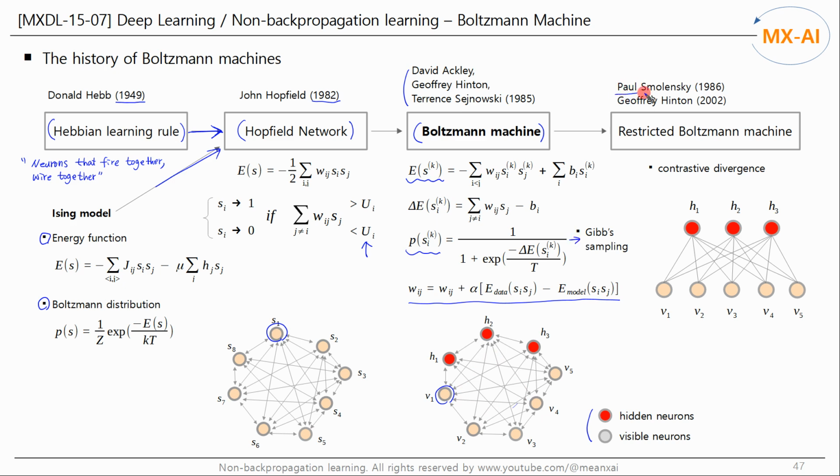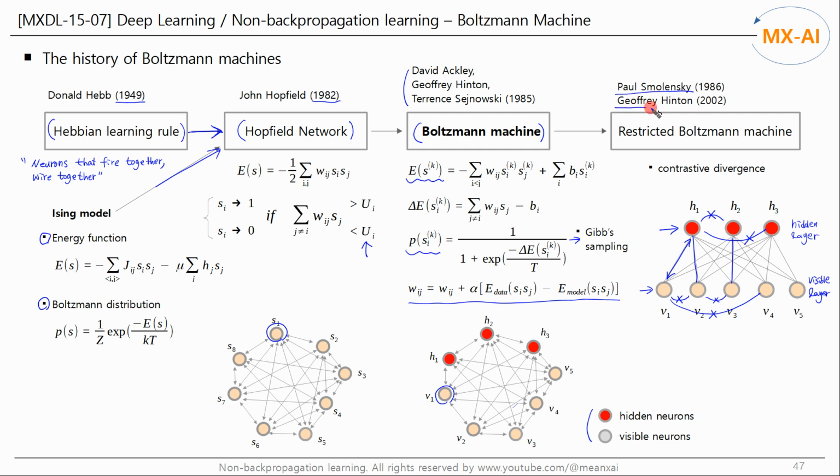In 1986, Paul Smolensky proposed a restricted Boltzmann machine, RBM, under the name Harmonium. An RBM consists of 2 layers, a visible layer and a hidden layer. The key characteristic is that there are no connections between neurons within the same layer. But there are fully connected, bidirectional, and symmetric connections between the visible and hidden layers.